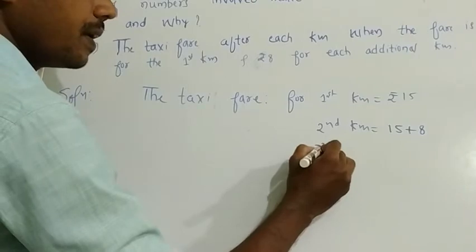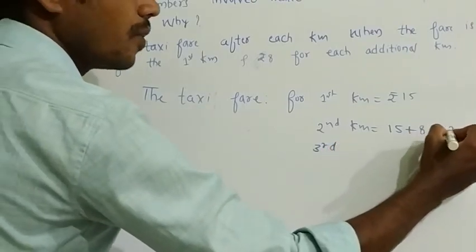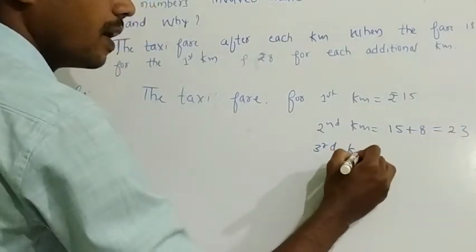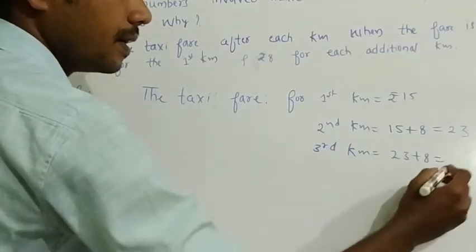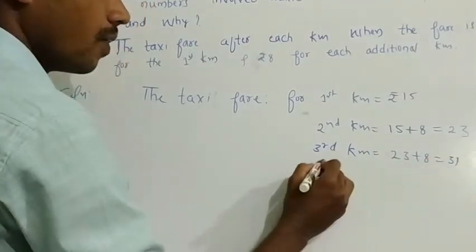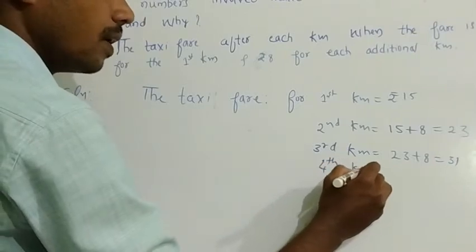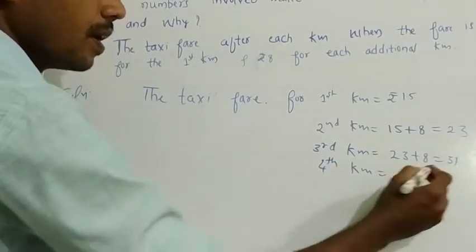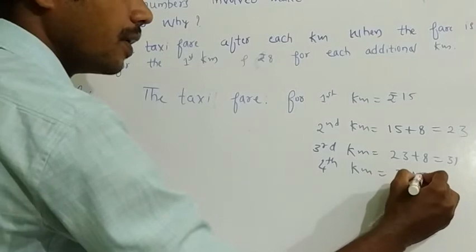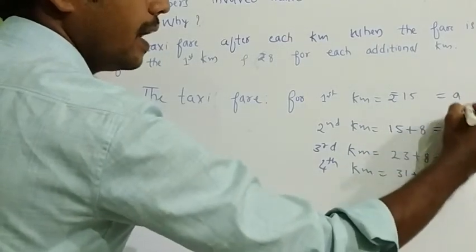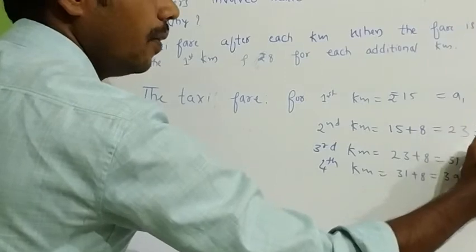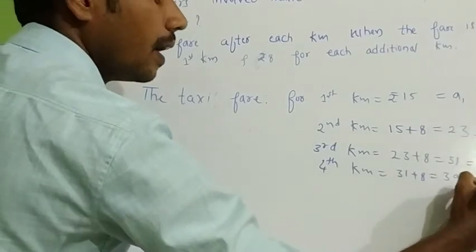For the third kilometer, 15 plus 8 is equal to 23, and then 23 plus 8 is 31. For the fourth kilometer, it will be 31 plus 8, equal to 39. So initially it is A1, A2, A3, A4.